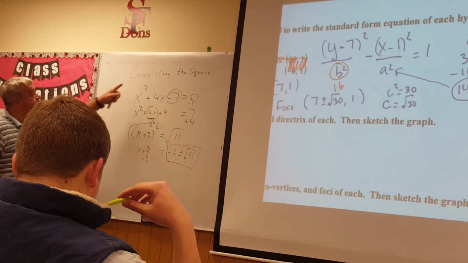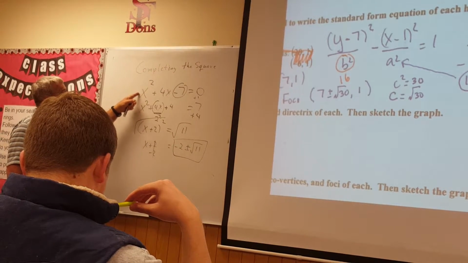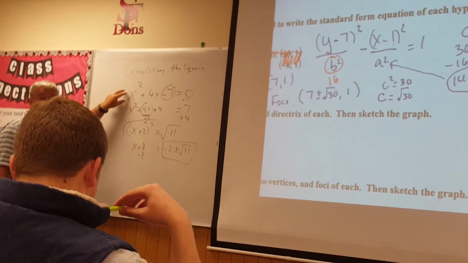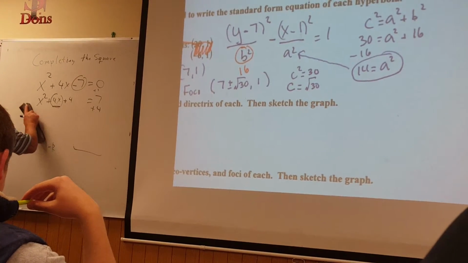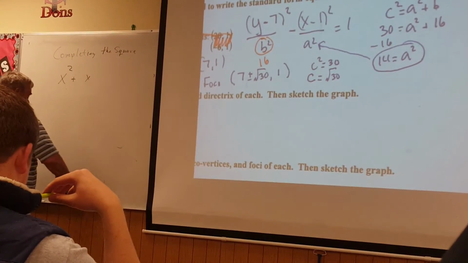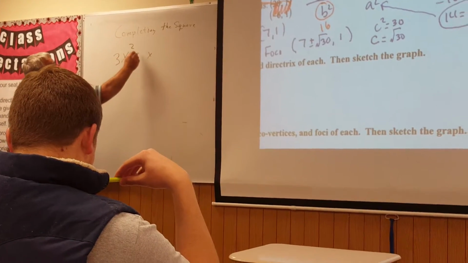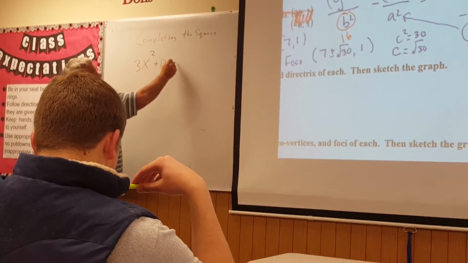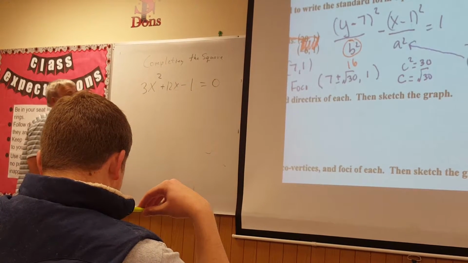Now, when you complete the square, the term in front of the x² has to be 1. If it's not, you have to factor it out. It makes it a mess. So let's say that this is 3x² plus 12x minus 1 equals 0, okay?